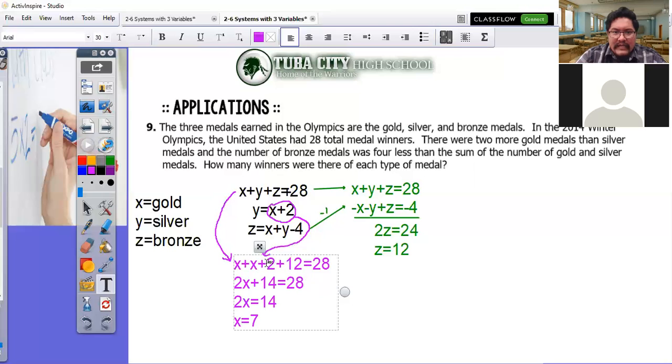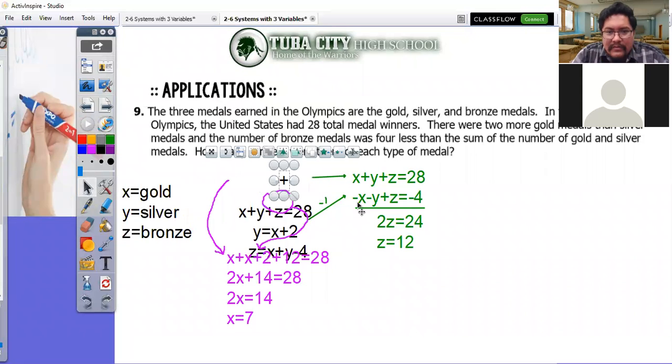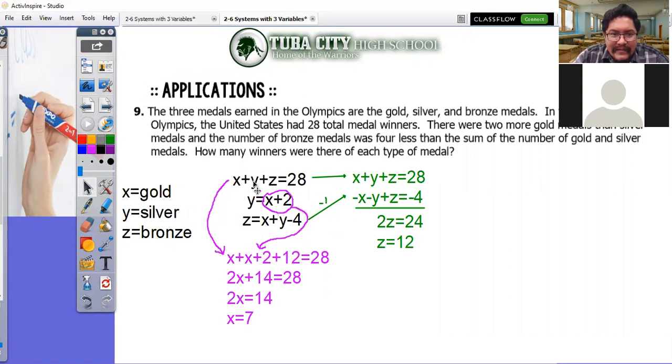2 and 12. Okay, x plus 2, that's right. And then plug that in. Okay, something's kind of off. There's a plus sign back here. I don't know what effect that's going to have. So z is 12. Z is definitely 12.